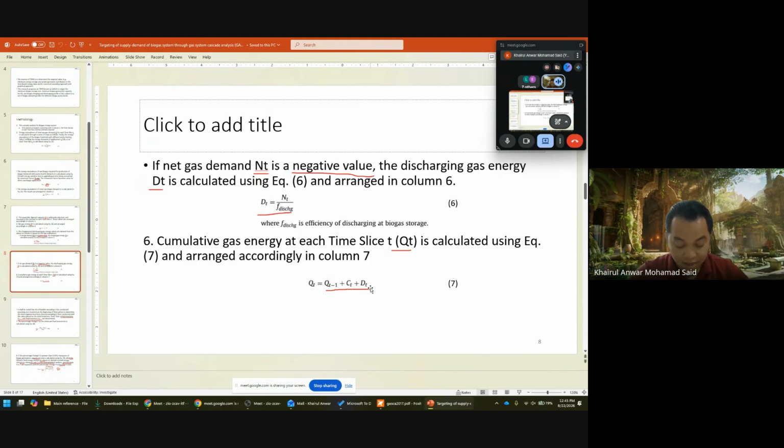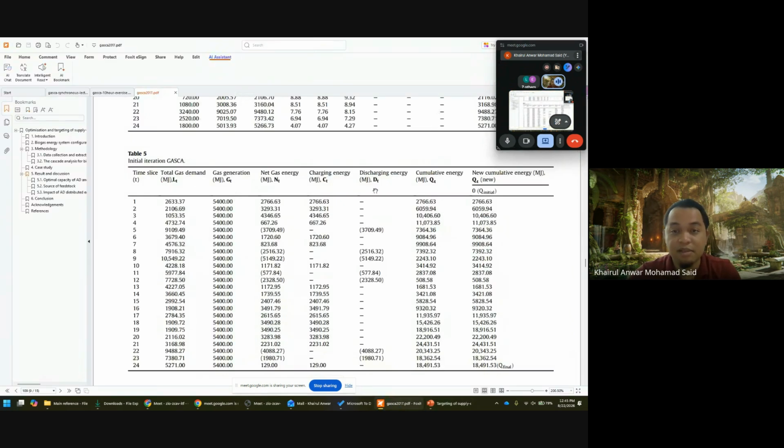So CT and DT are available in the table. We calculated before in DT. But QT minus 1, in this case, is 0, because any cascade analysis, including water cascade and gas cascade analysis, will start with 0 based on the time base.